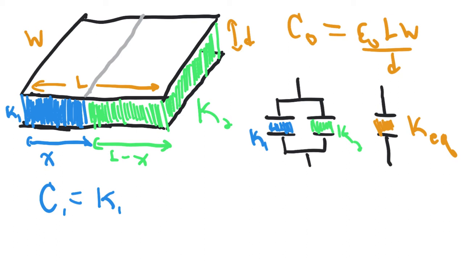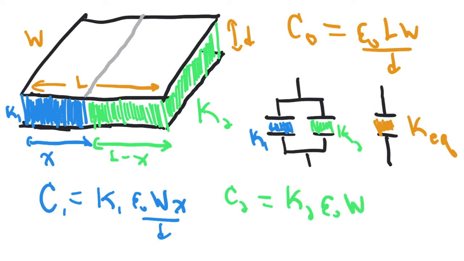So that would be epsilon naught times the width of the capacitor times the length of the capacitor over the distance. And then likewise, C2 would be kappa 2 times epsilon naught times the width of the capacitor times the length of the capacitor, which is L minus x, over the distance. And we'll use those moving forward.